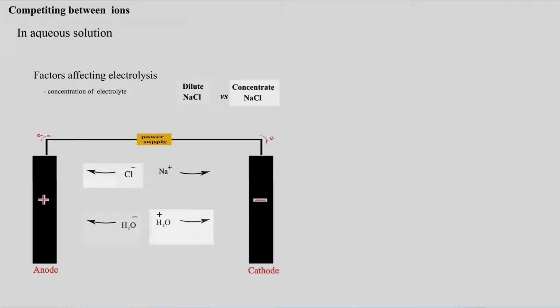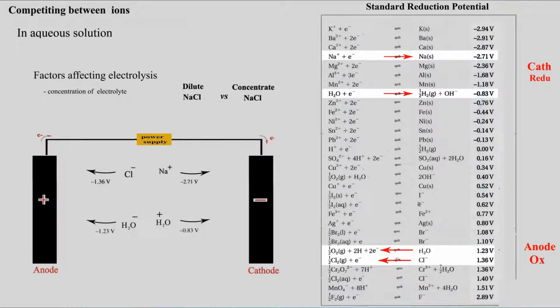So now let's look at the table again. On the anode, in dilute NaCl, the reaction is going to be water, because of the most positive wins rule.